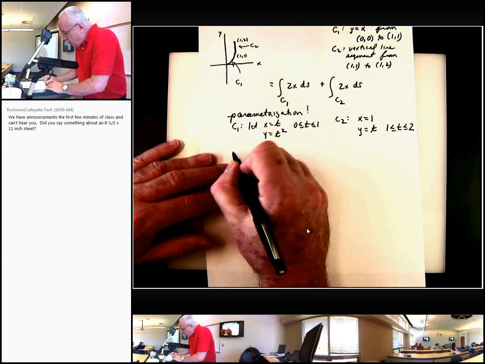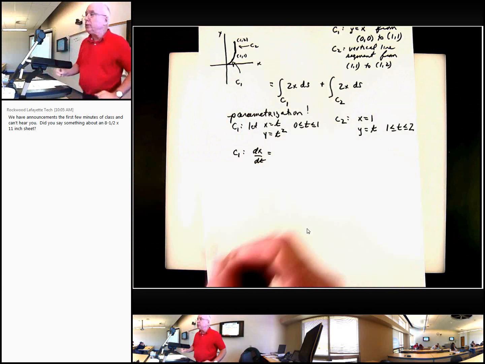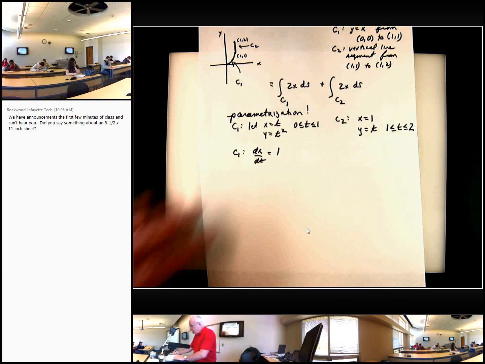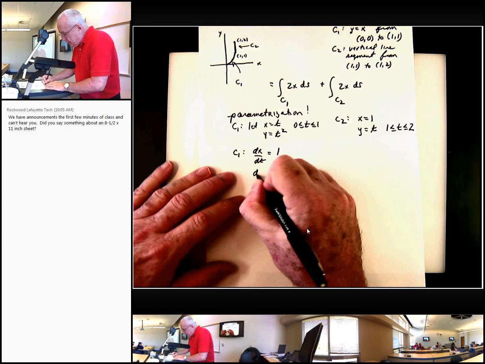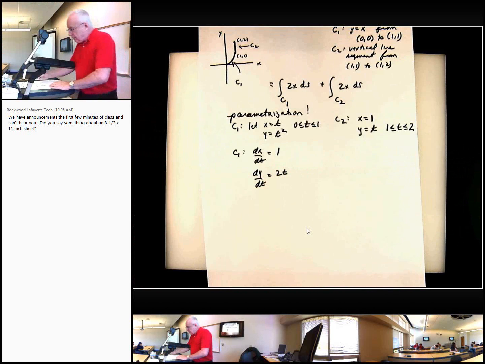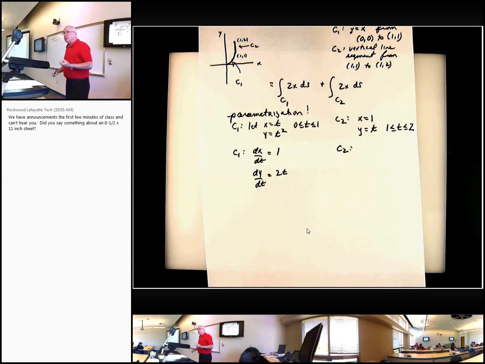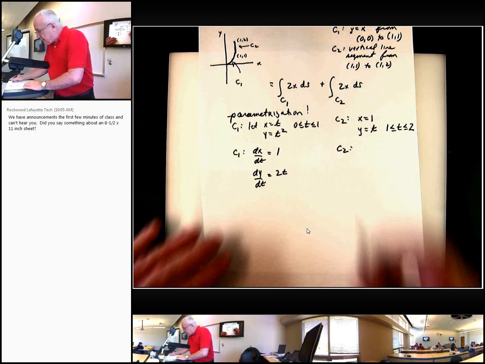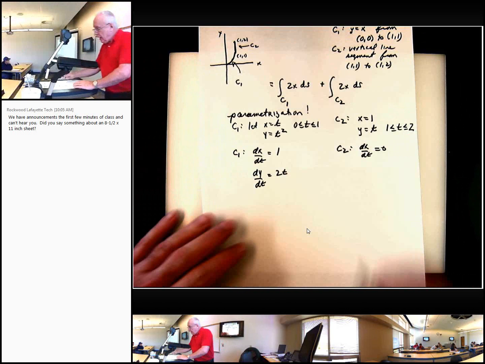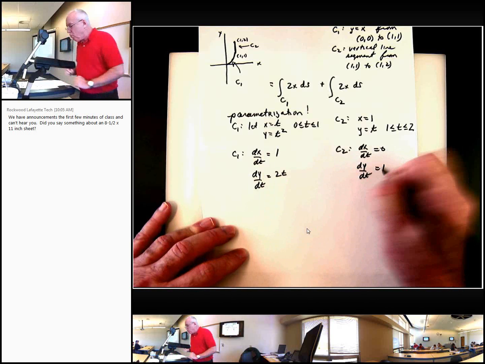For C1, x is just equal to t, so dx/dt is just equal to 1. And dy/dt is equal to 2 times t. Now let's see what we get for C2. X is a constant, always equal to 1. So dx/dt is going to be 0 in this case. And y is equal to t, so dy/dt is equal to 1.